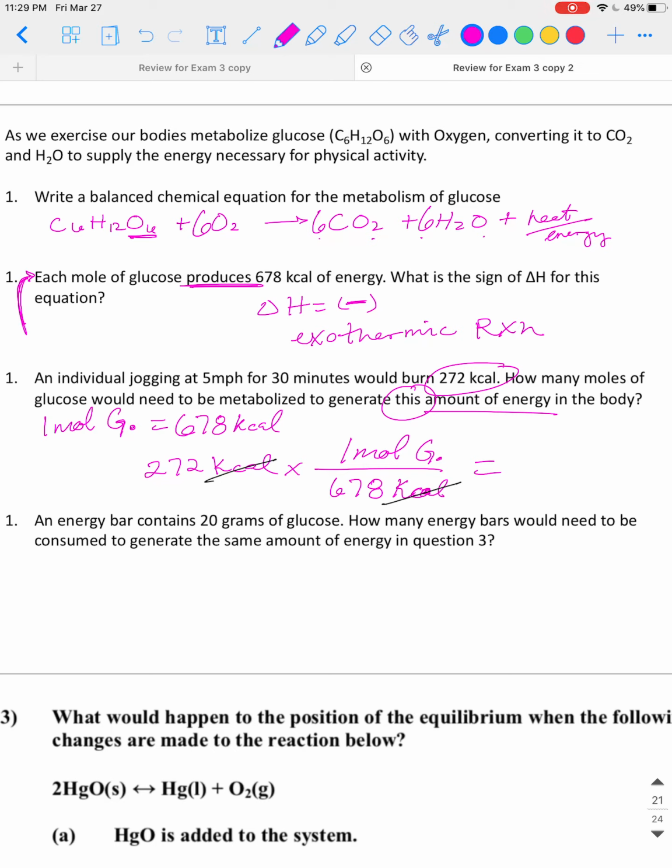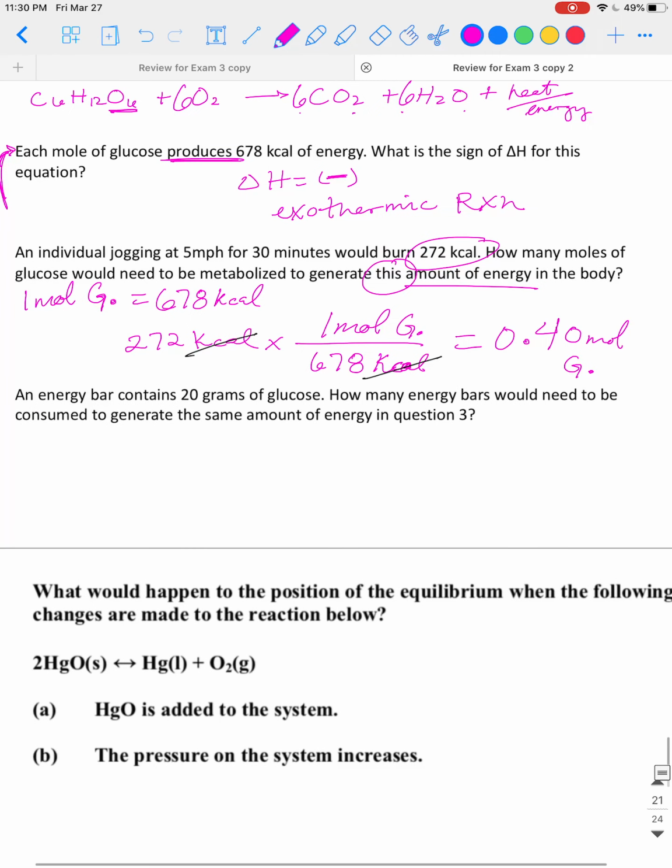So it should be less than a mole, that's for sure. 272 divided by 678, 0.40 moles of glucose would produce 272 kcals of energy if it was metabolized in the body. In reality, probably less because you have to factor in so many other things in the body, but in a perfect world, it would be 0.4 moles of glucose.